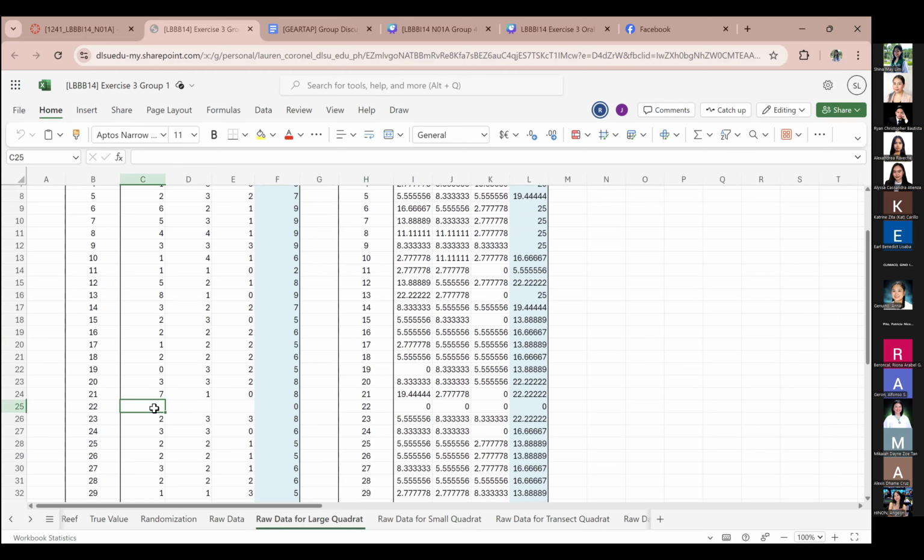Can you explain, groupmate? Because I don't think you can proceed to statistics and all the others if you have blank data sets. So is this supposed to be zero or something else?